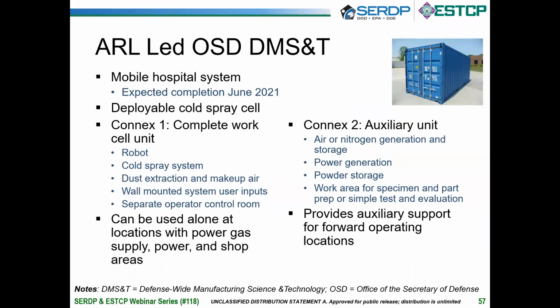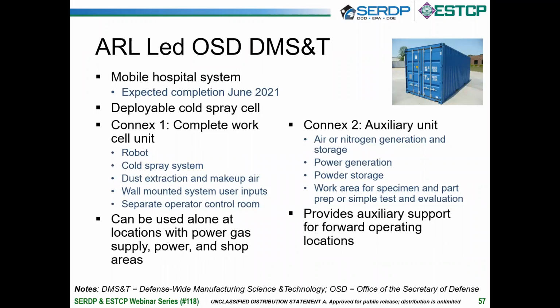And the last thing regarding equipment is we're building a system as part of an OSD Mantech program, which we're calling a mobile hospital. In this case, it's a 2-connex setup that includes an entire cold spray manufacturing cell, as well as all the auxiliary equipment needed to operate that cell.